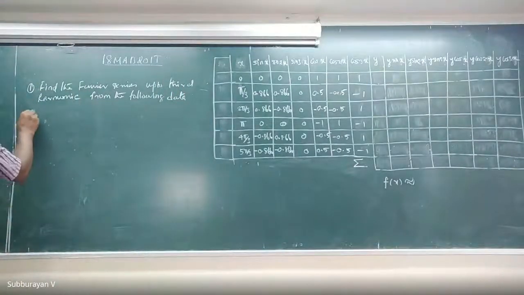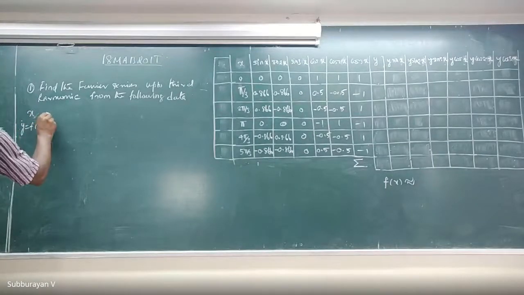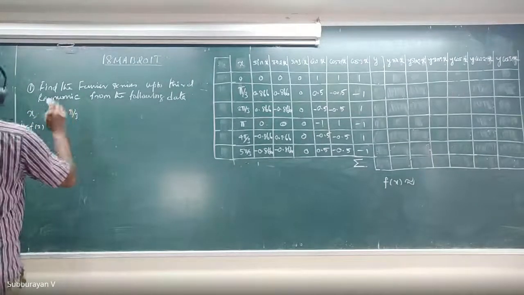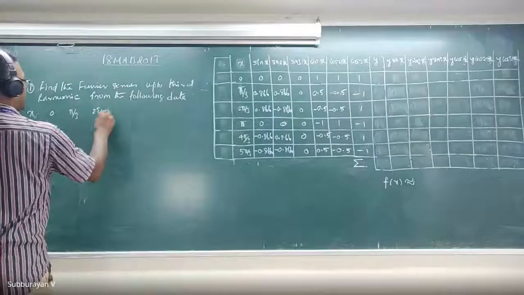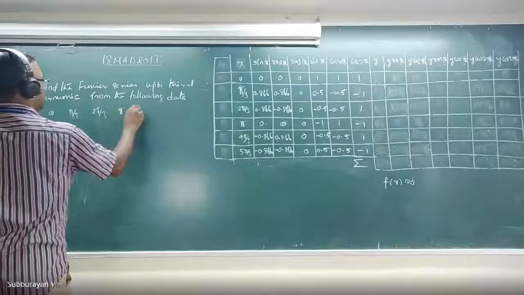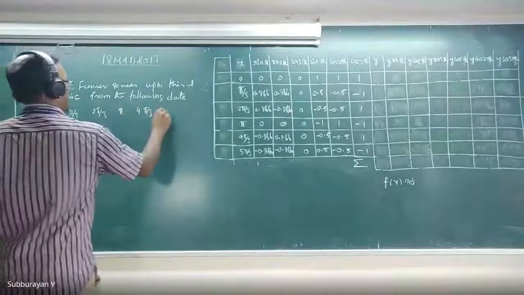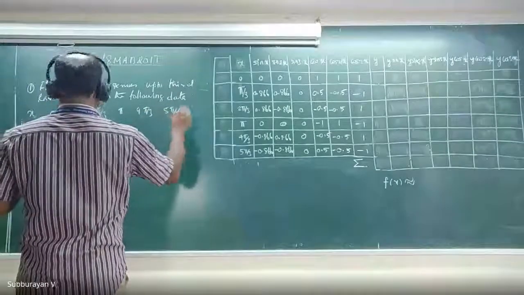That is, x value is given and y is equal to f of x. Here 0, pi by 3, 2 pi by 3, pi, 4 pi by 3, 5 pi by 3, and 2 pi.